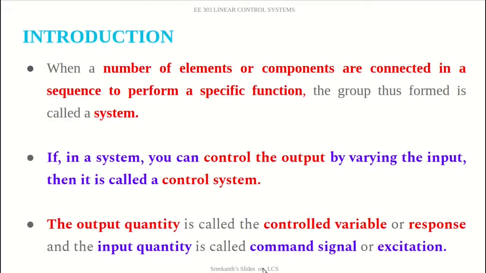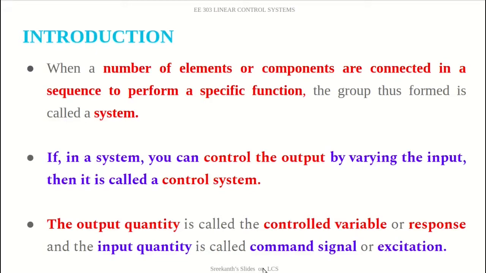When a number of elements or components are connected in a sequence to perform a specific function, the group thus formed is called a system. So here we are defining what is a system. Now when do you call anything a system?